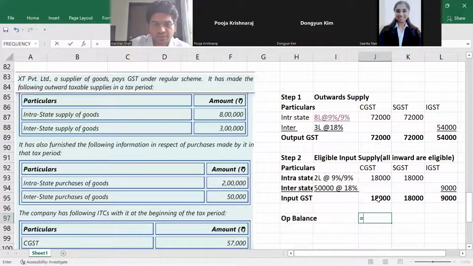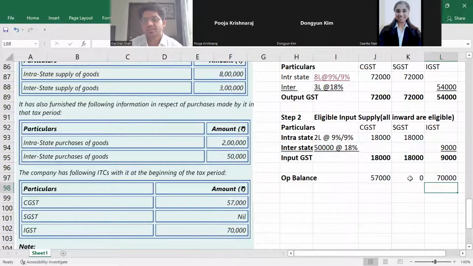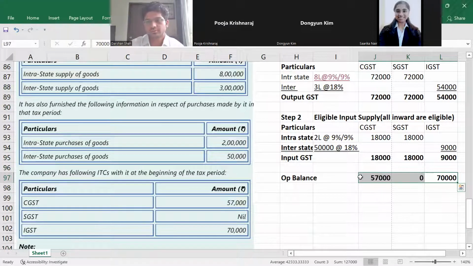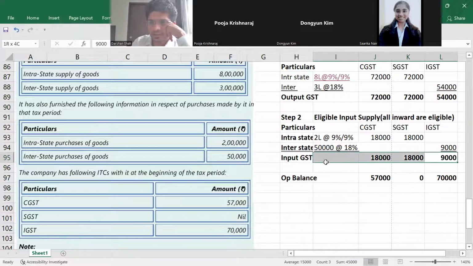Opening balance is given. CGST is 57,000 given in the question. Correct. SGST is nil, I'll write 0. And IGST is 70,000. Okay, understood, guys? Till here, no problem, na? Any problem till here?